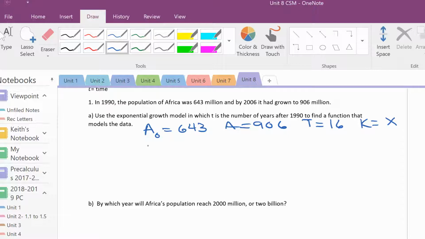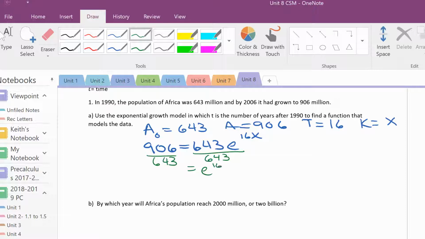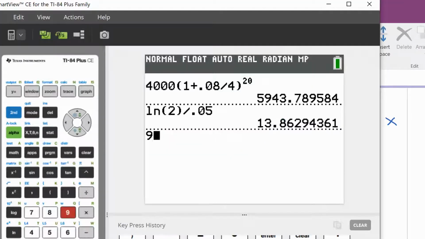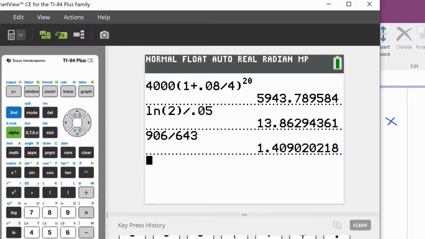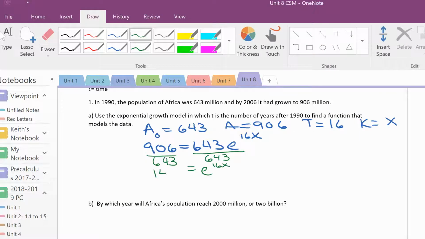So here, to set up to find the rate, we go 906 equals 643 e to the 16x. So then you divide. So 906 divided by 643 is 1.41 approximately.